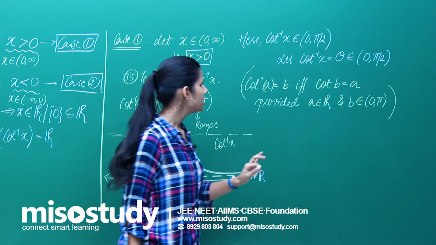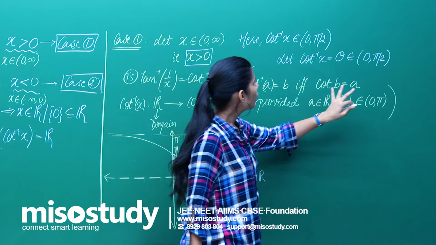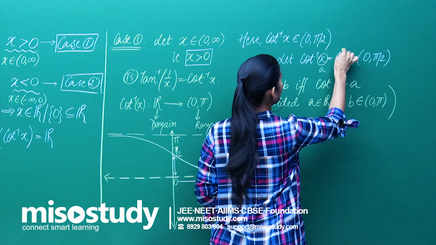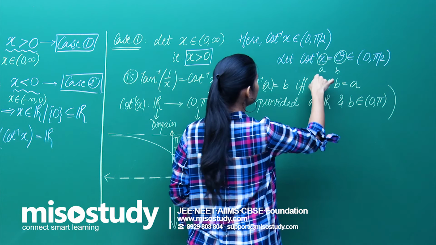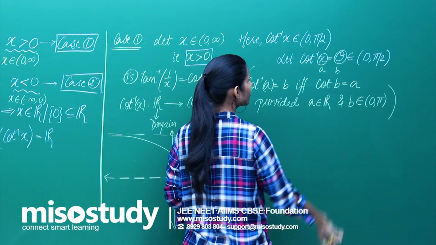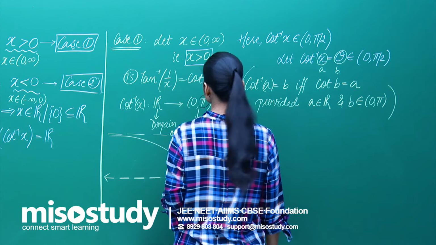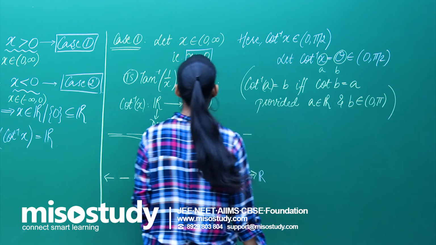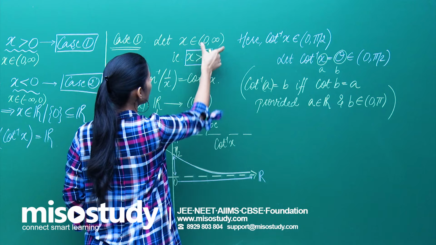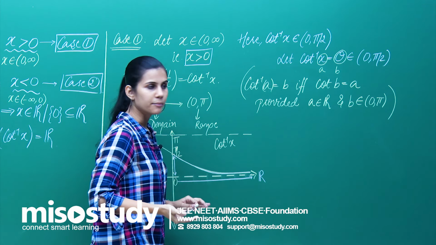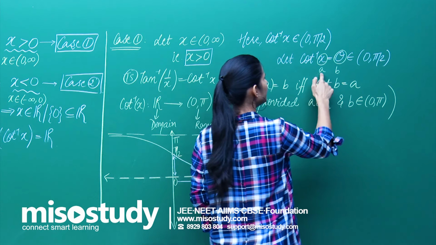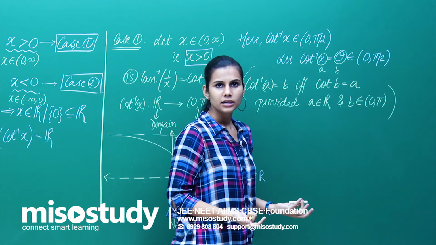Is it understood? The moment you see that here, if you take this to be A and this to be B, then A is definitely coming from the collection of all reals, isn't it? Where is A coming from? X is actually coming from 0 comma infinity. X is a positive real number, but if X is a positive real number, it is clearly a real number.